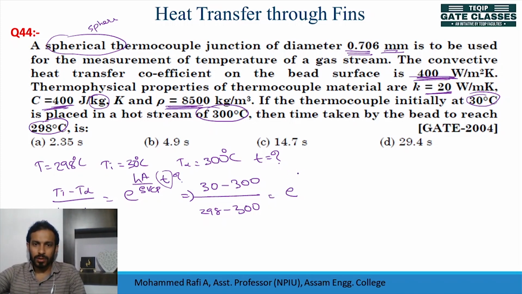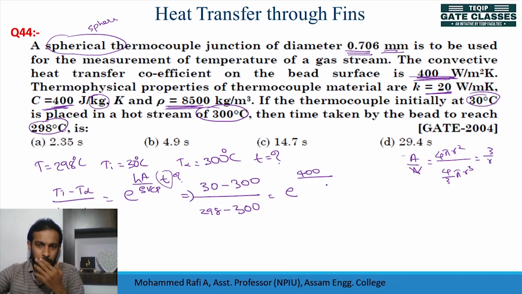H value is 400. In the case of a sphere, A by V: area is 4 pi r square, V is 4 by 3 pi r cube, so A by V is 3 by r.